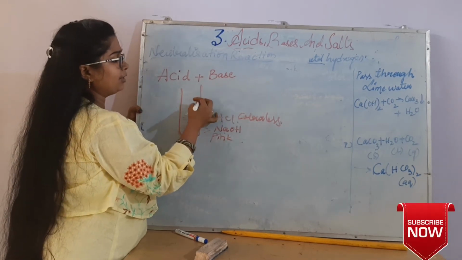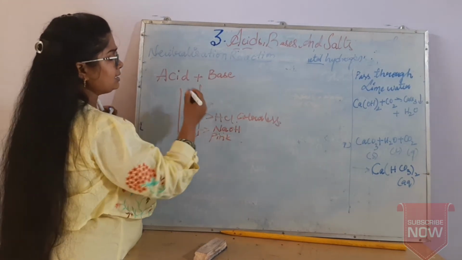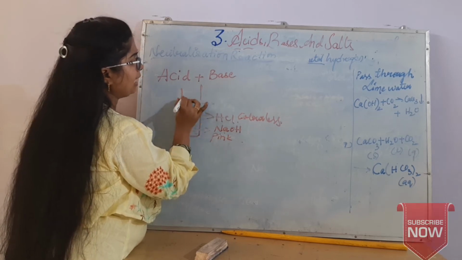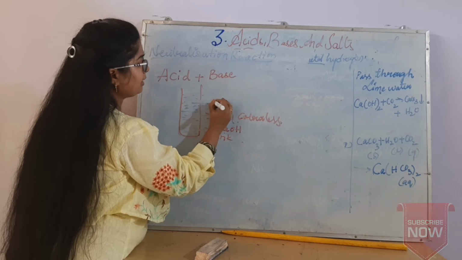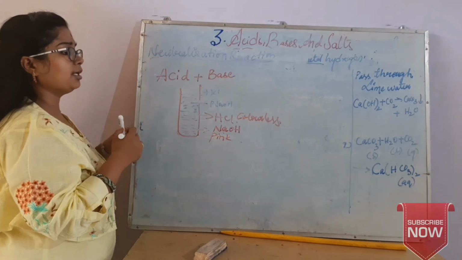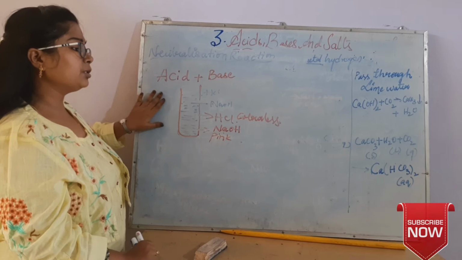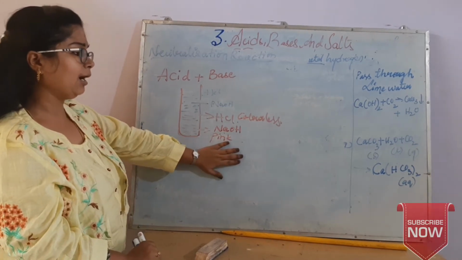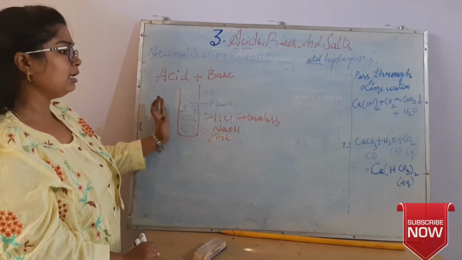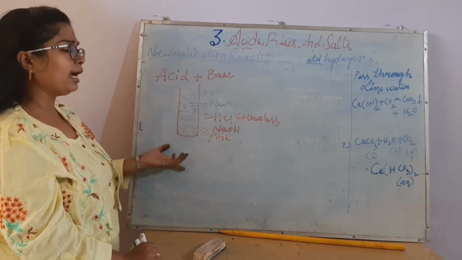Again, if you add NaOH, it turns pink again. If you keep adding NaOH and HCl to this solution, after some time there will be no change, which means it does not go pink or colorless. It means it is no more an acid or a base.